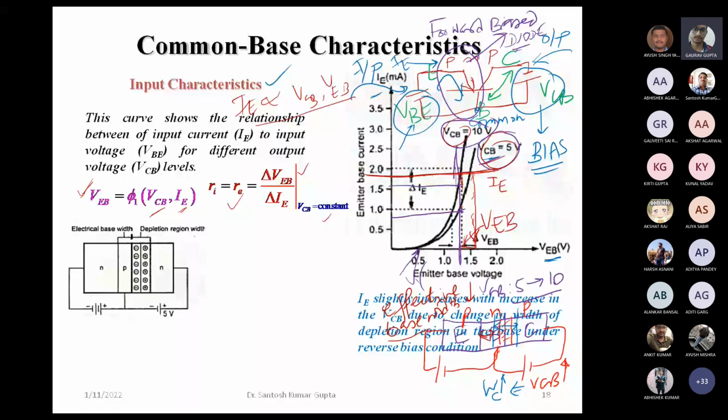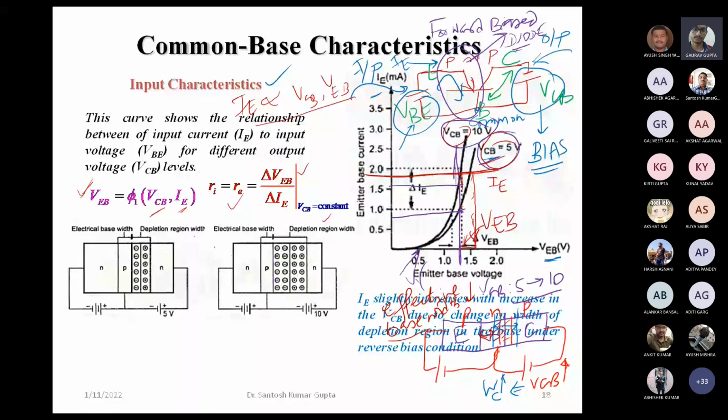The same thing is illustrated over here: the depletion region width is increased when VCB has been increased from 5 volts to 10 volts.